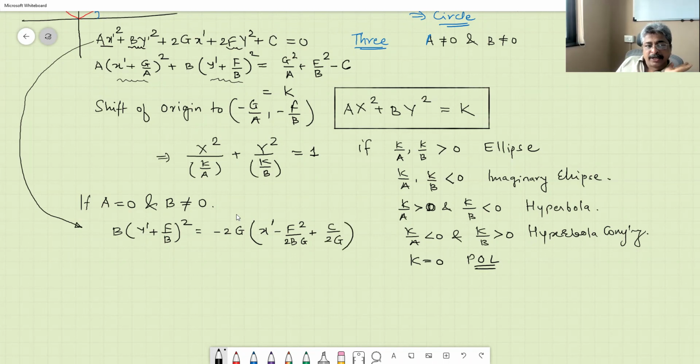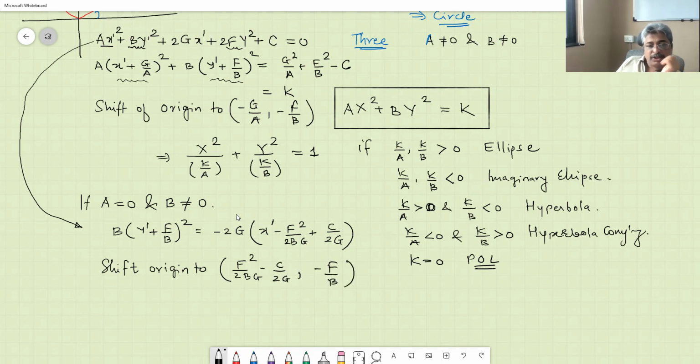Now we have just rotated, we have not shifted yet. And now if you shift origin to f square upon 2bg minus c upon 2g, comma, minus f by b.